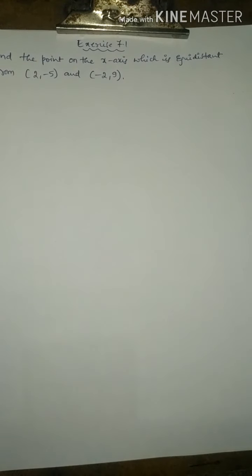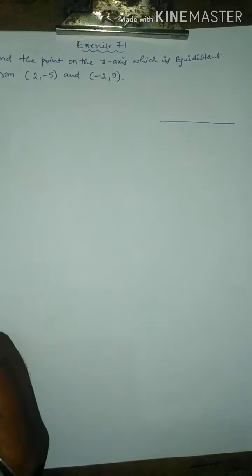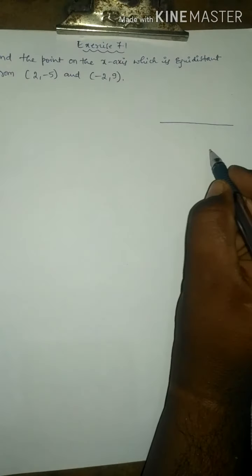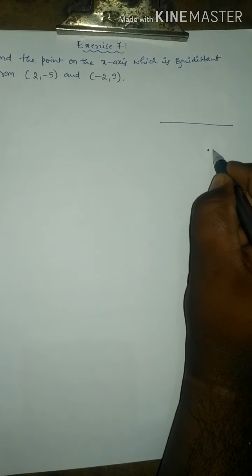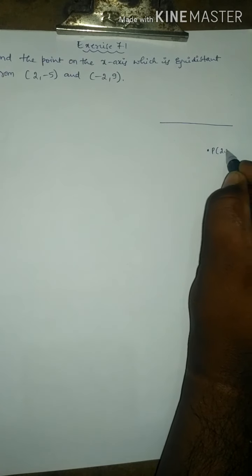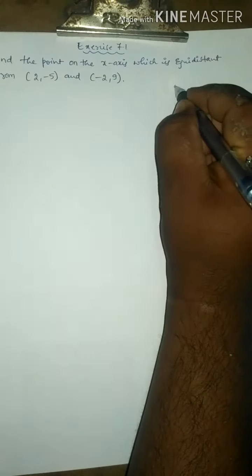So now see here, this is the x-axis. One coordinate I am going to name P, which is below the x-axis, so P of 2 comma minus 5. Another one exists in the second quadrant, and I am going to name it Q, so Q of minus 2 comma 9.